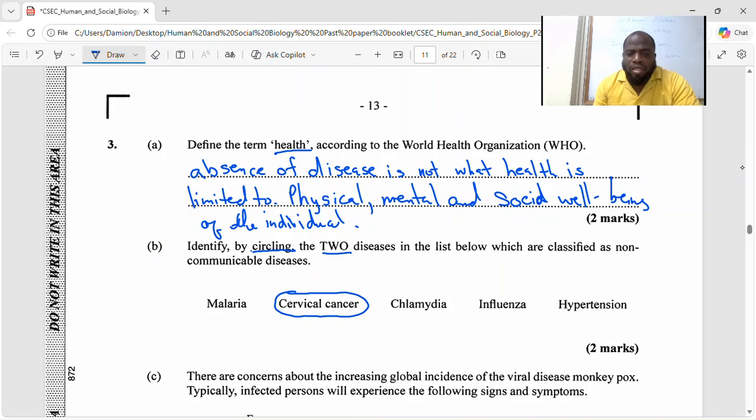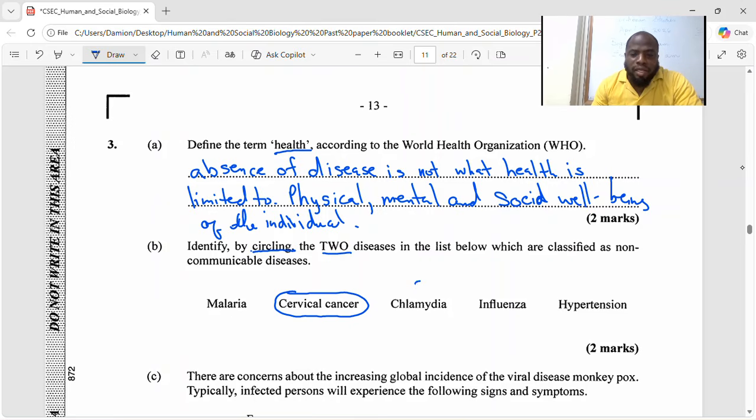So malaria is caused by a plasmodium, and this plasmodium is actually transmitted by the Anopheles mosquito. And so it is transmitted from one person to the next through these vectors. Cervical cancer on the other side is really the HPV virus, and this is not something that can be transferred from one person to the next.